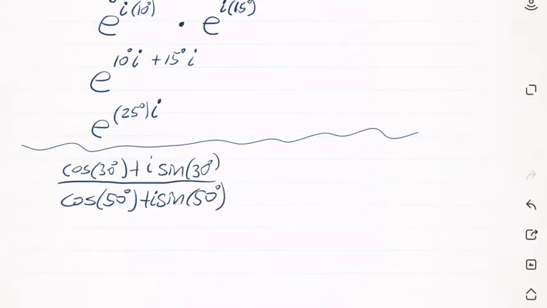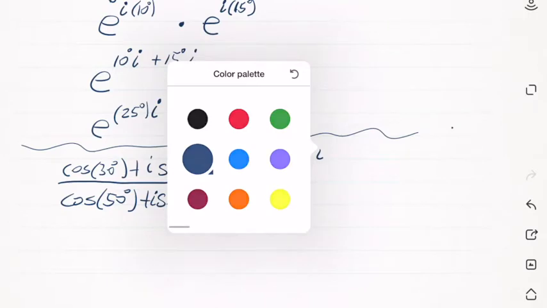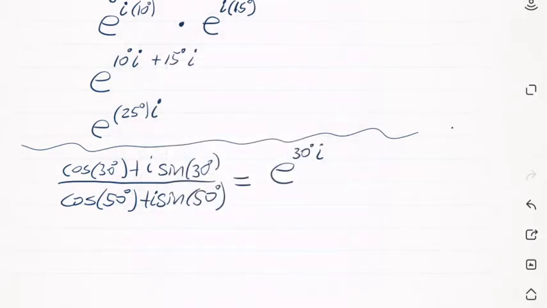Then if we change these into Euler form, you're going to get e, and I'm going to put the degrees first, 30 degrees i, over e 50 degrees i. And here, the natural thing to do with the exponents is subtract them. So you're going to get 30 minus 50. So this becomes e to the negative 20 degrees i.